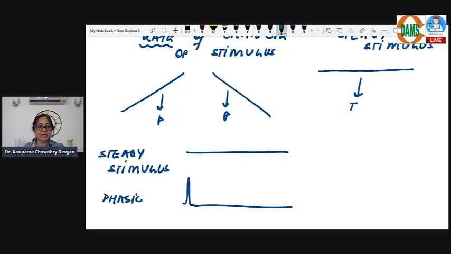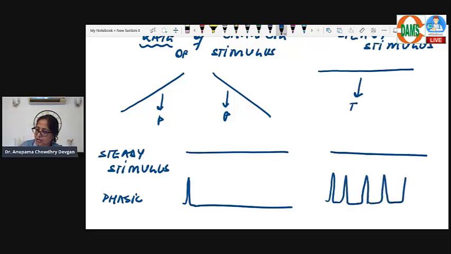But if I give a steady stimulus to a tonic receptor, what is the response? The tonic receptor will show an action potential, and it will continue to respond because it is slowly adapting. So which receptor has been able to detect a steady stimulus? A tonic receptor, not a phasic receptor.